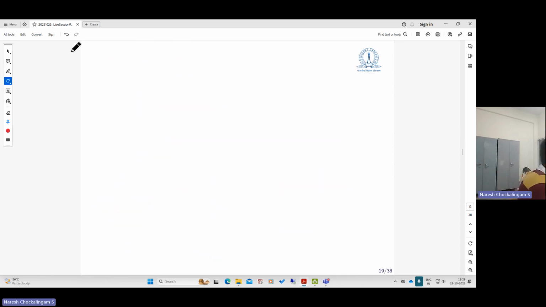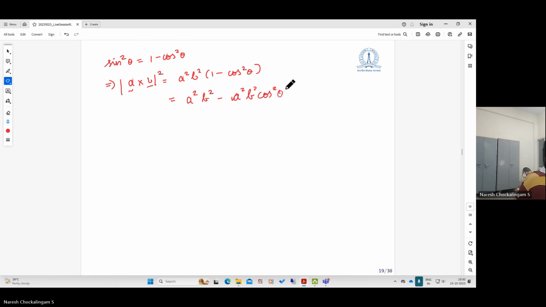Let us simplify this further. We can write sin square theta as 1 minus cos square theta, which means A cross B the whole square is nothing but A square B square into 1 minus cos square theta, which is nothing but A square B square minus A square B square cos square theta. Let us call this equation 1.